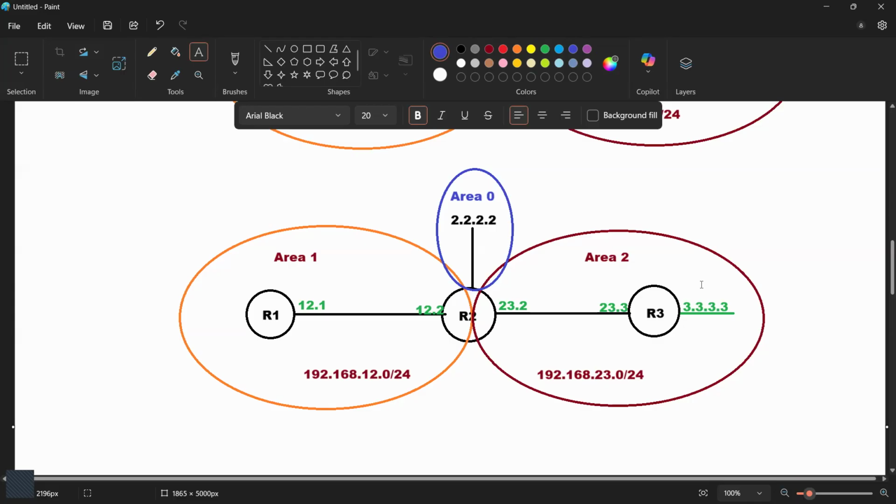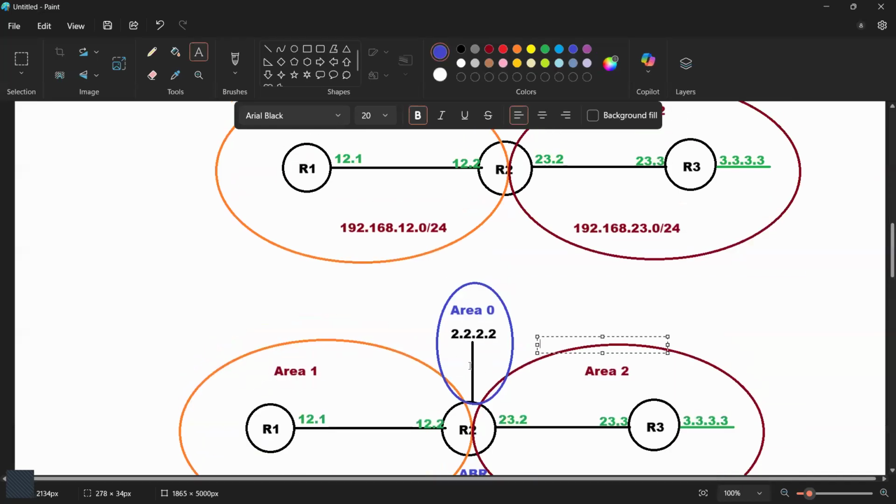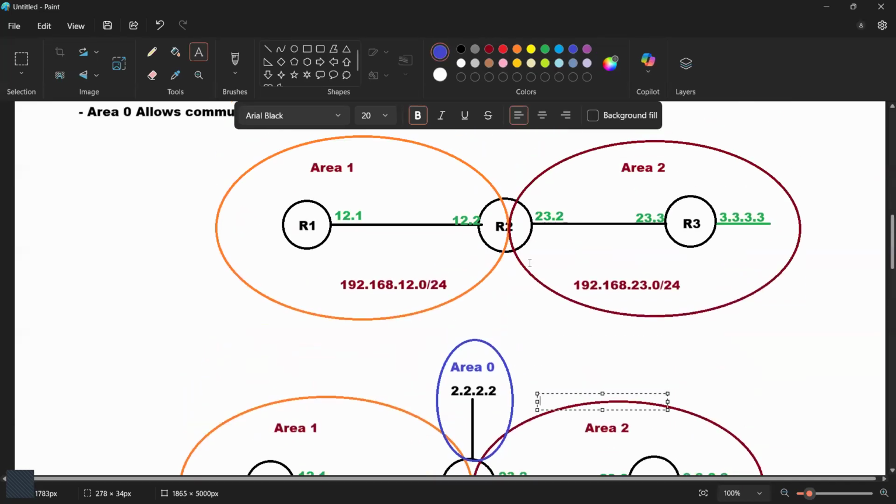Why? Because once R2 configures area 0, it becomes something called an ABR, area border router. R2 will be known as ABR. But before you configure area 0, R2 is not the ABR. Any router where you configure more than one area is not necessarily the ABR.